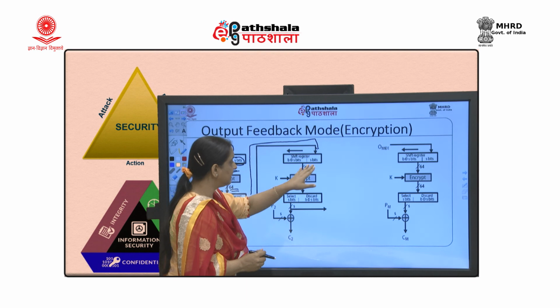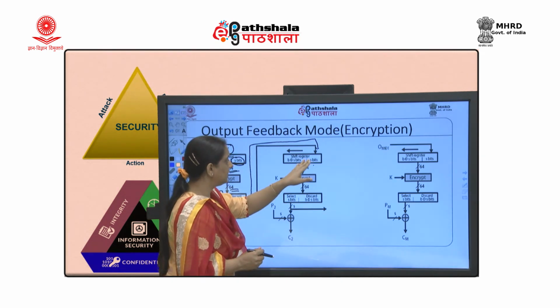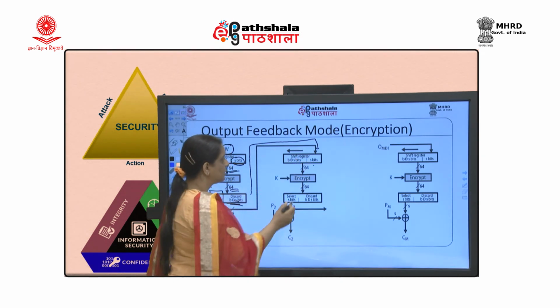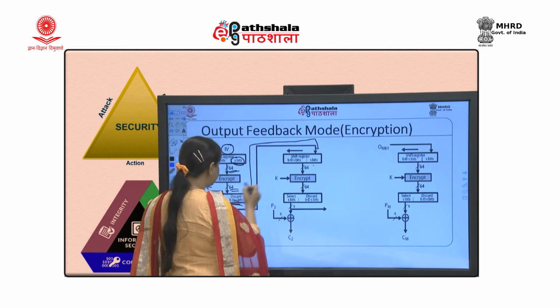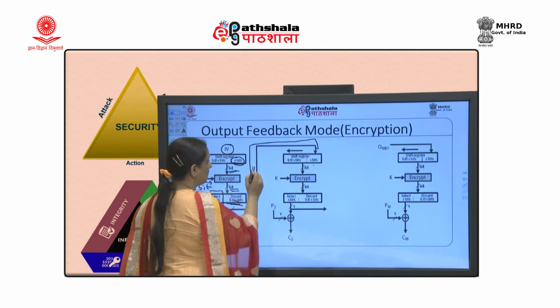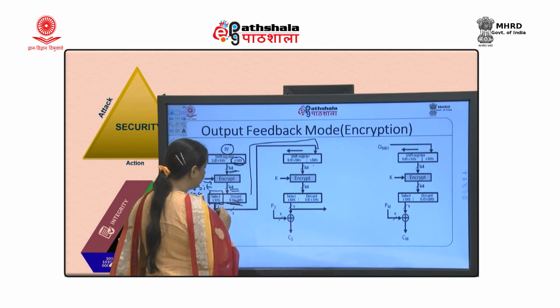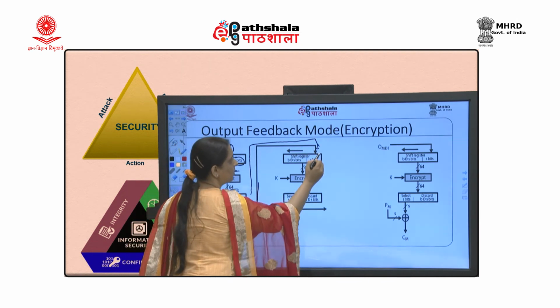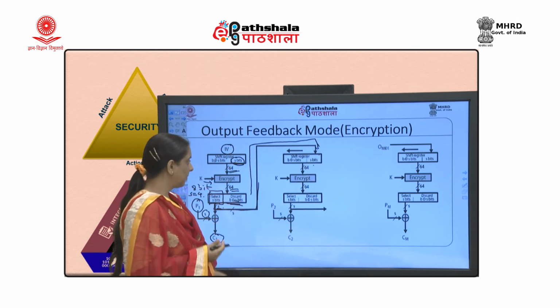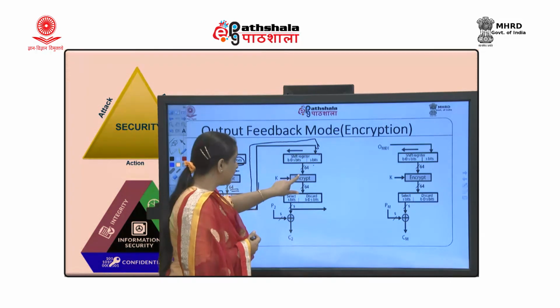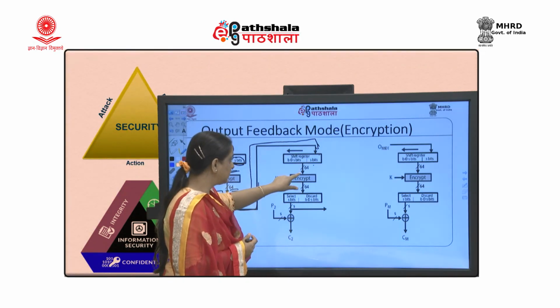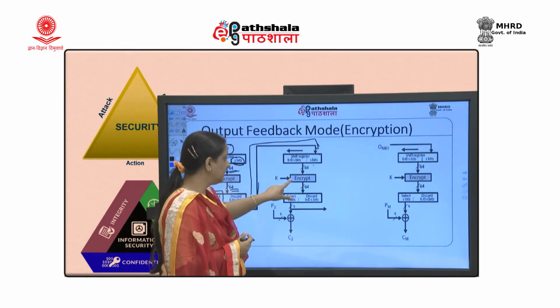What happens here? There is something in the register, so it has to be shifted by S bits to make a position for the previous S bits which have been propagated here. Once again the same process would be followed. A 64-bit block would be encrypted with a key.